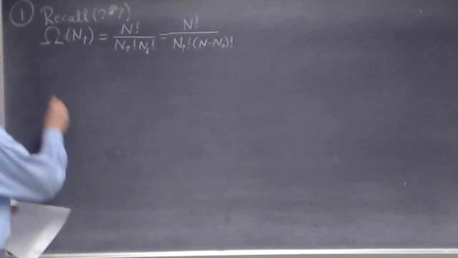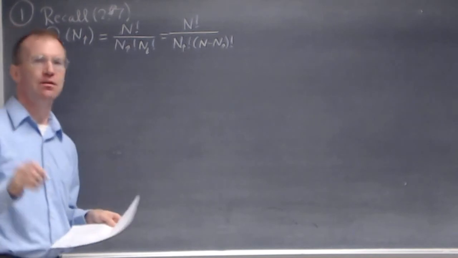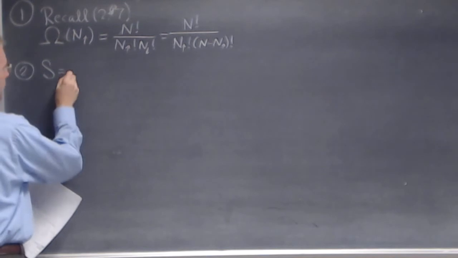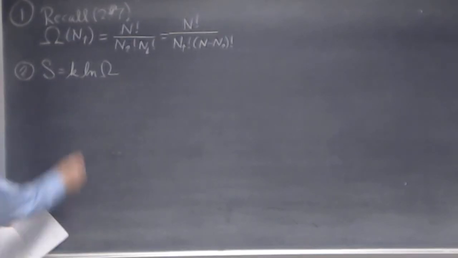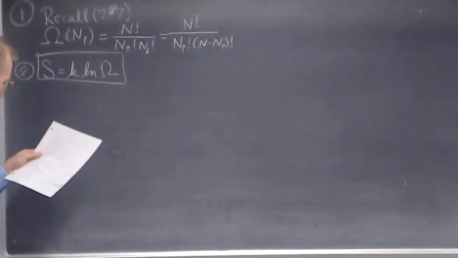But step 2 is to solve for the entropy, which we get by taking the natural log. S equals K natural log of omega.